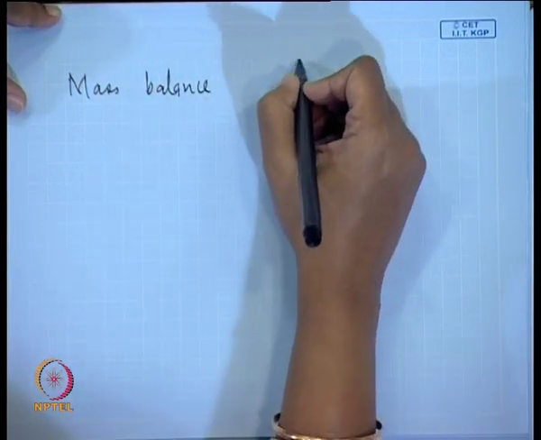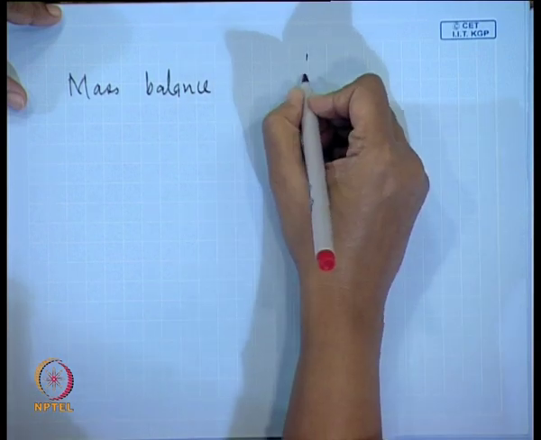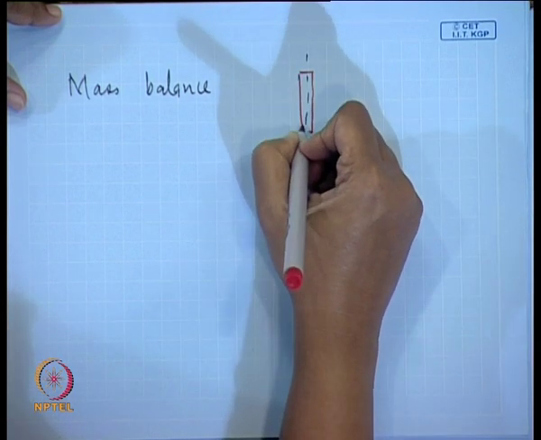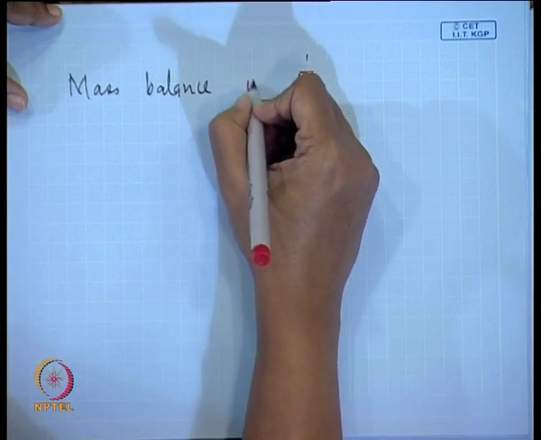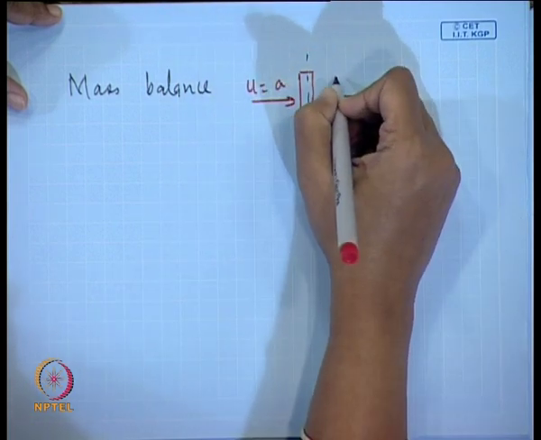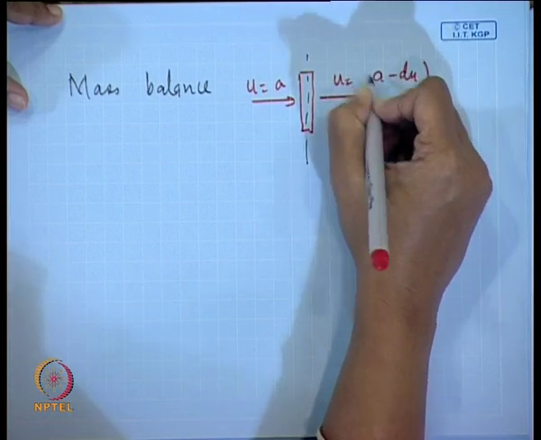Now, for mass balance, I will draw it once more, so that it is easier for you. Fluid is entering at u equals A. Fluid is going out at u equals A minus du.